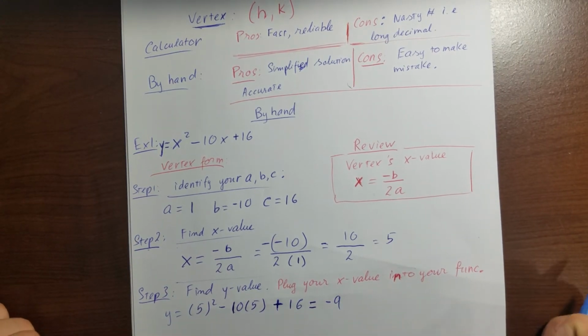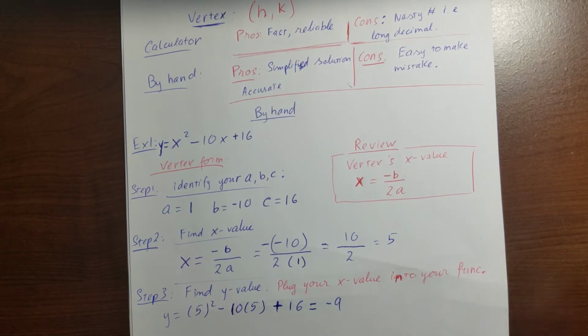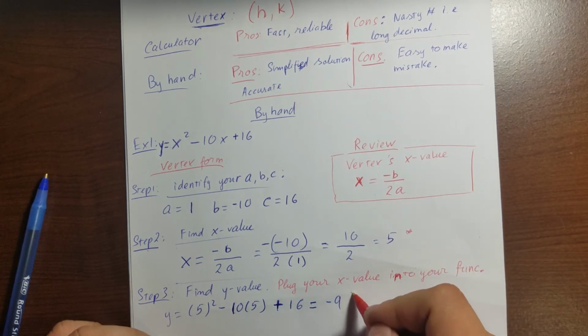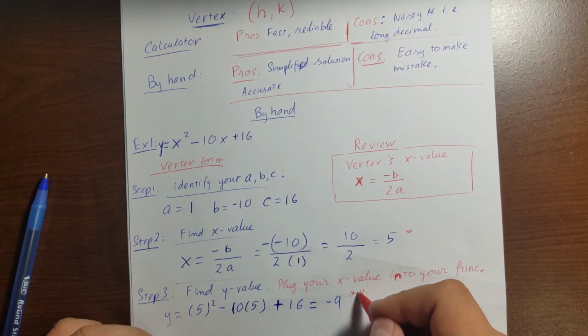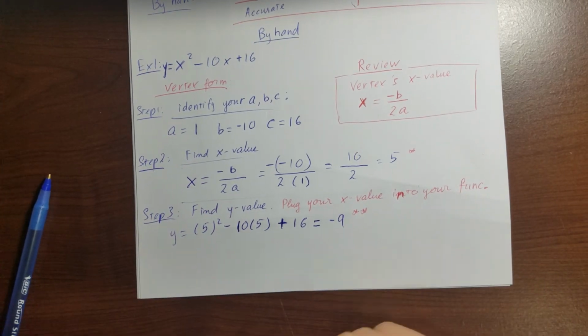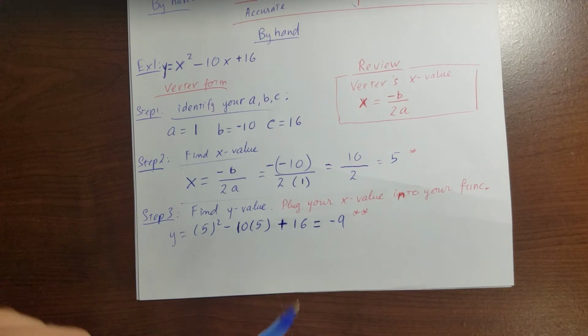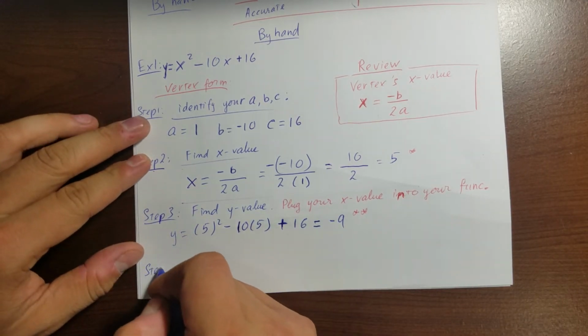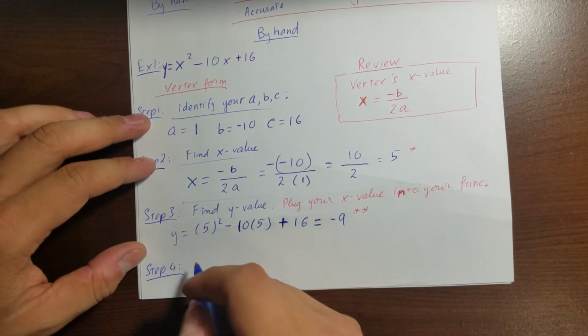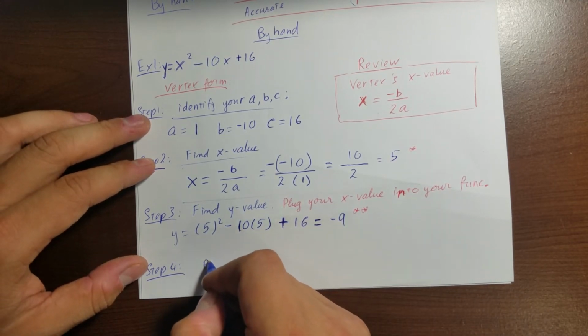So now, once you've got your x value and your y value, to complete your answer, step number 4: you have to put it in your vertex form.